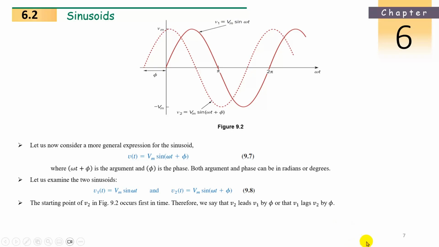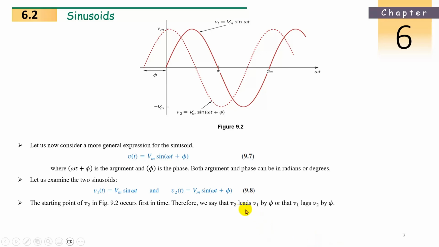Plus phi is lead, minus phi is lag. Or if you don't want to use plus or minus, you can use the terminology lag and lead. You can change the terms voltage 1 and 2: voltage 1 lags voltage 2. The angle is the same, only the plus or minus differs.